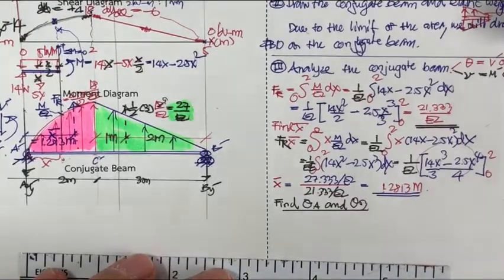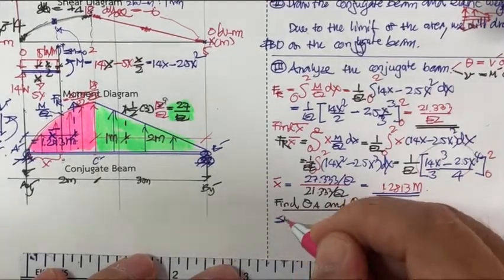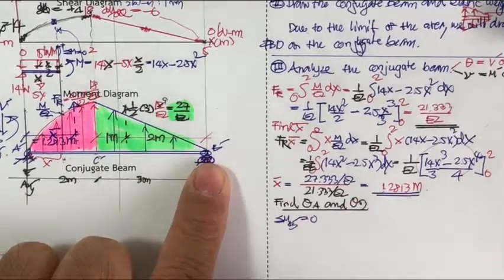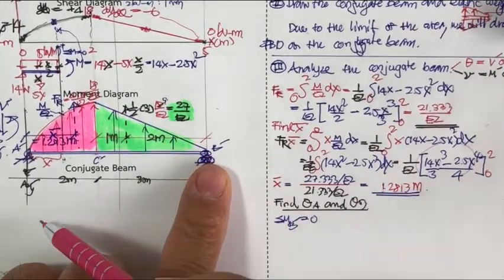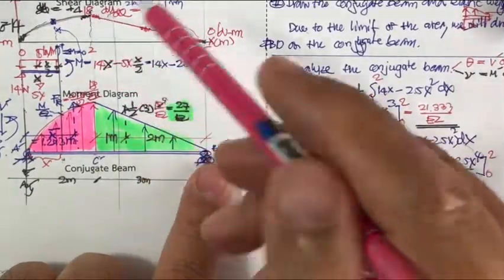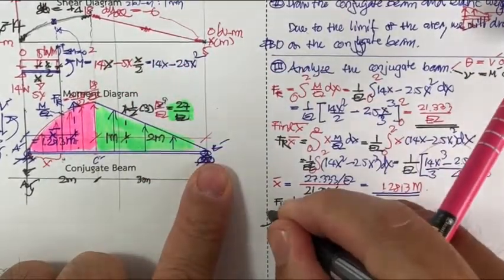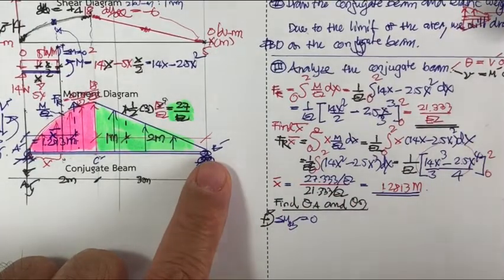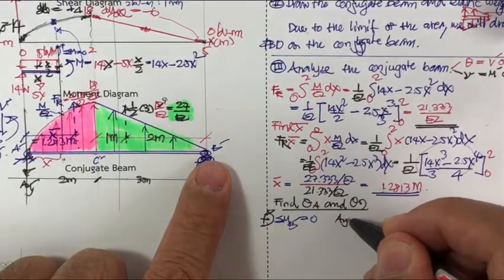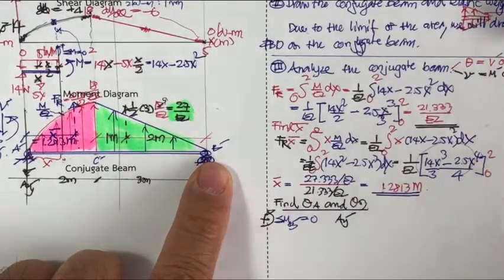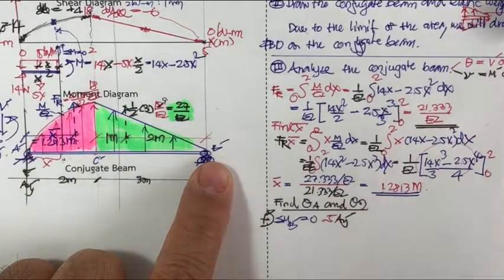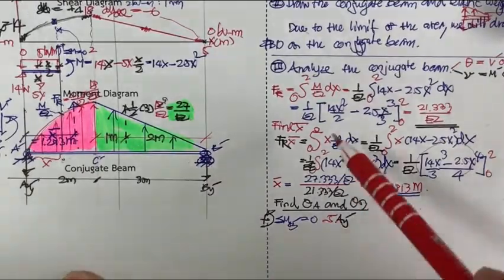We do the summation of moment, let's say, over here, M sub B prime equal to 0. So A sub y prime is going to rotate like this, so the rotation is going to be positive counterclockwise. We have A sub y prime, which is 5 meters from here, and this is going to be counterclockwise.